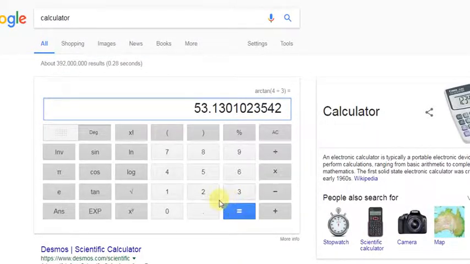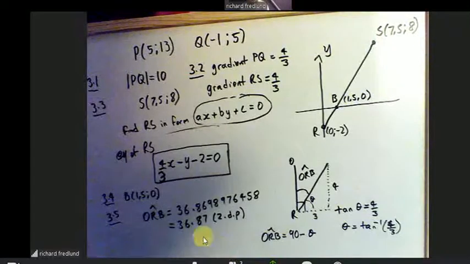So theta is 53.13, but we want 90 minus that. So let's multiply it by minus 1 and add 90. So ORB is going to be 36.869. This 6 we're going to round up because this is a 9, so this becomes 36.87 to 2 decimal places.